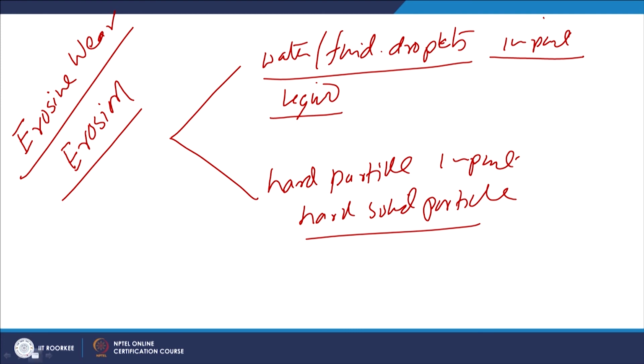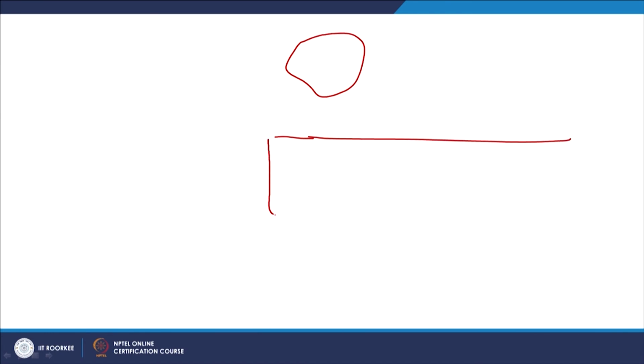Now, if we see schematically how it happens, say this is the particle and this is the surface of the workpiece which is being subjected to erosive wear.